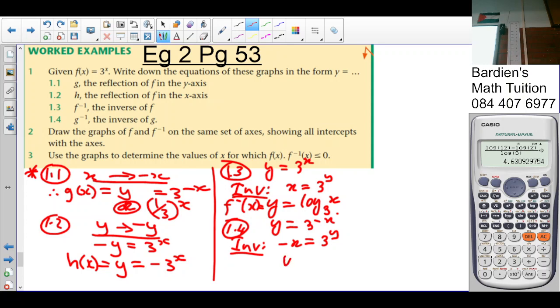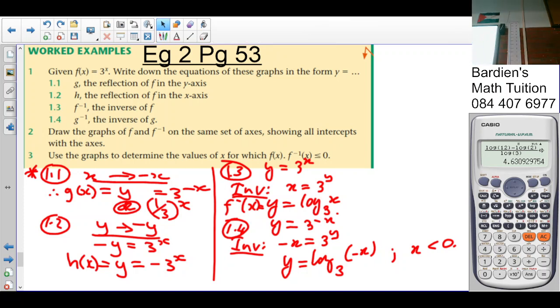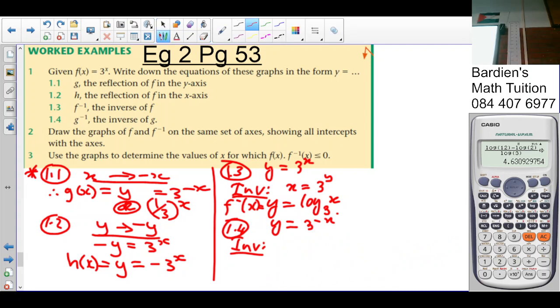No, I made a mistake. You must just interchange x and y, not the negative.